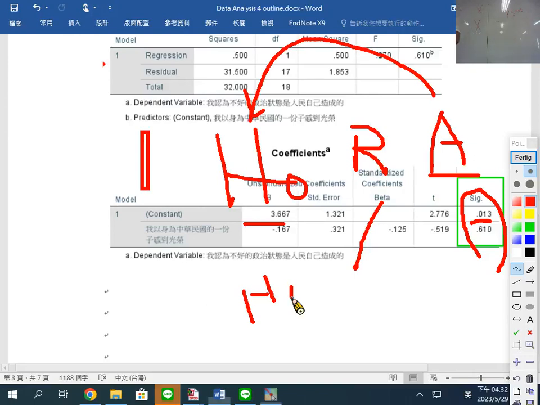And remember, until now, I did not say the null hypothesis is true or false. And I did not say the alternate hypothesis, H1, is true or false. No, I don't say it. I only say that I reject or I accept. Reject or accept means that this is based on the result of one test.